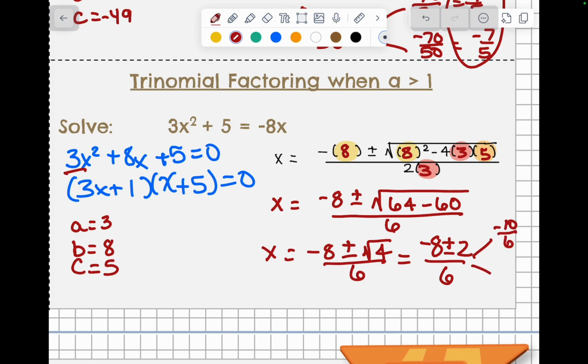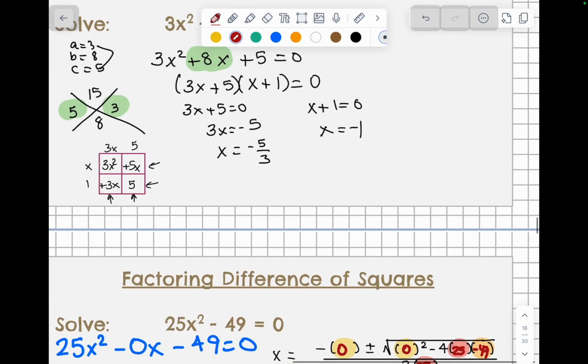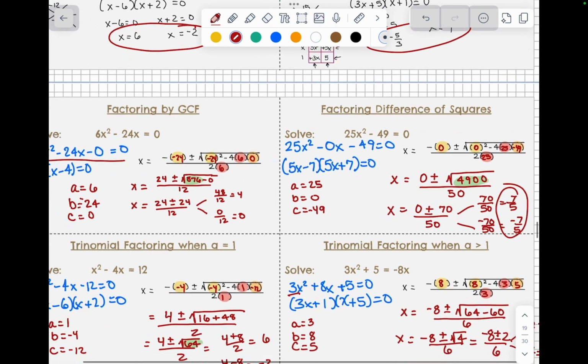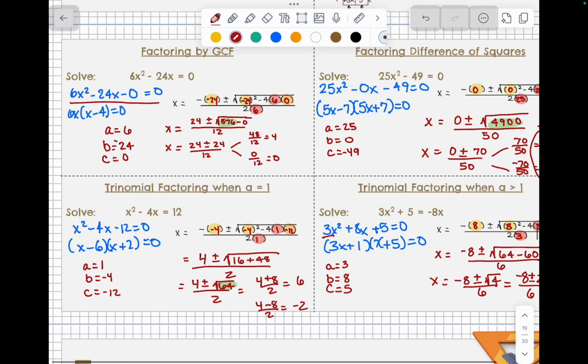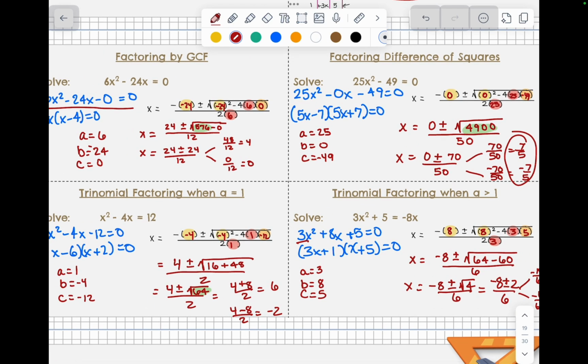Negative 8 plus 2 is negative 6 over 6. So our two solutions are negative 1 and negative 5/3, which is exactly what we got up here when we solved it by factoring. So you can always use the quadratic formula to solve, but sometimes it's easier to factor if your factoring skills are pretty solid.